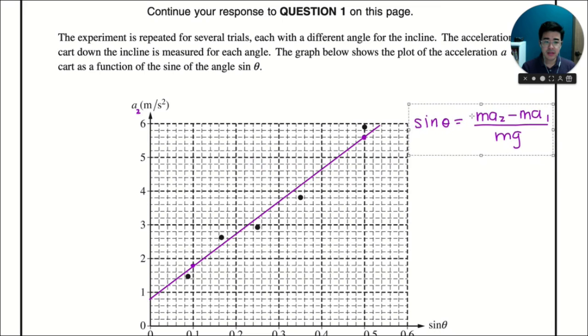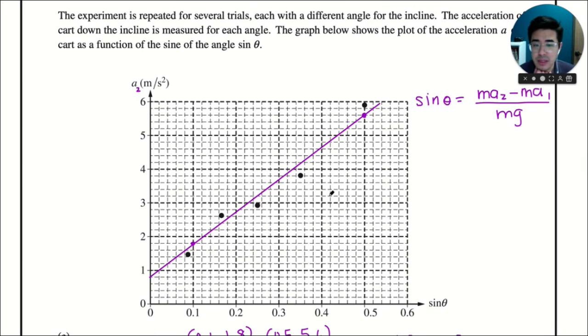And let's see how we can make this appropriate for y-intercept form. So y-intercept form is y equals mx plus b, right? So A2 is going to be my y-axis. My m is going to be my slope, and then the x is going to be this x variable here. So something times sine theta plus something.